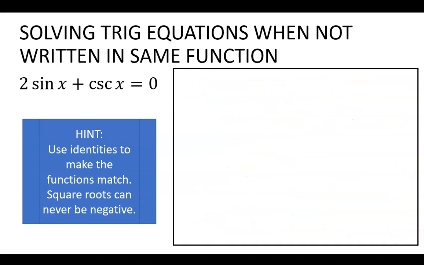Okay, this one's very similar to the one that we just did because they're not in the same function. So I'm going to change that cosecant to sine, plus 1 over sine is equal to 0.